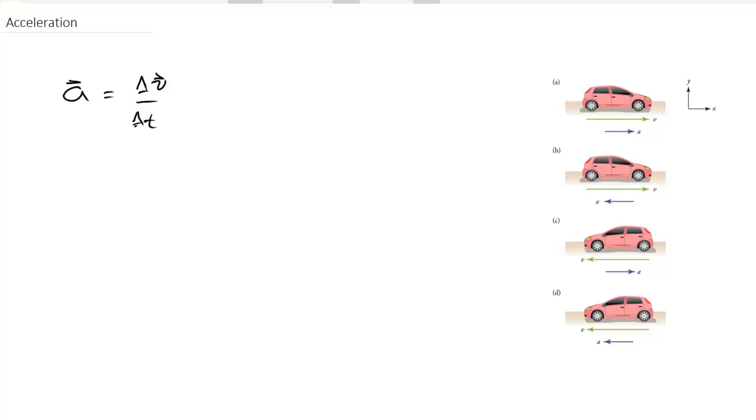The units of acceleration: the units of velocity are meters per second, and the units of time are seconds. And so the units of acceleration are meters per second, per second, which is the same thing as meters per second squared.